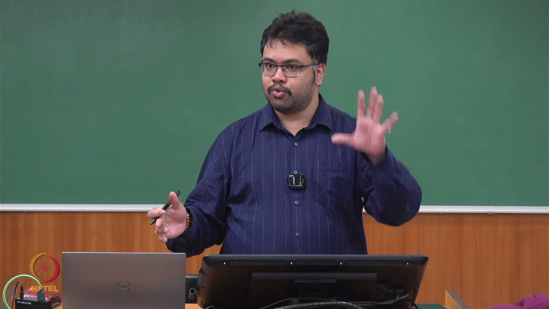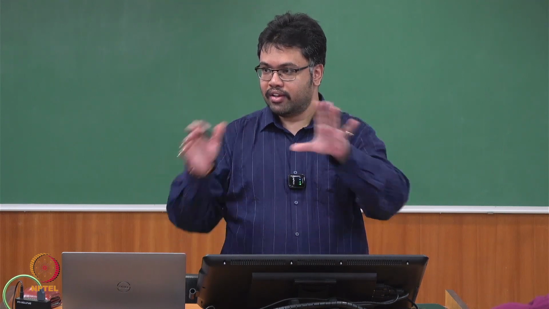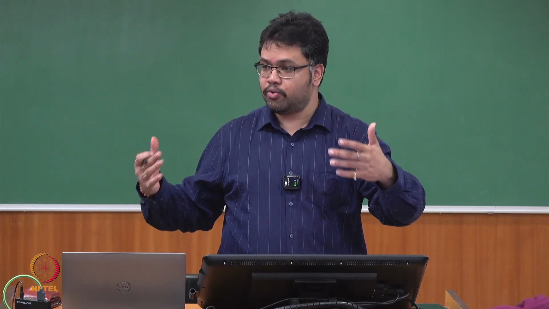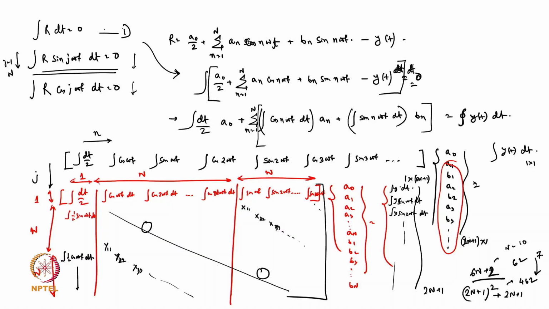If the 2n cross 2n matrix is diagonal, its inverse will be much easier. Whereas if you are trying to invert a full 2n plus 1 cross 2n plus 1 matrix, that itself will also take more time. So here time consumption is how much? From 62 to 462.